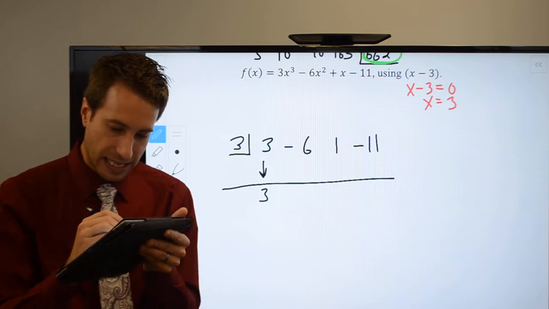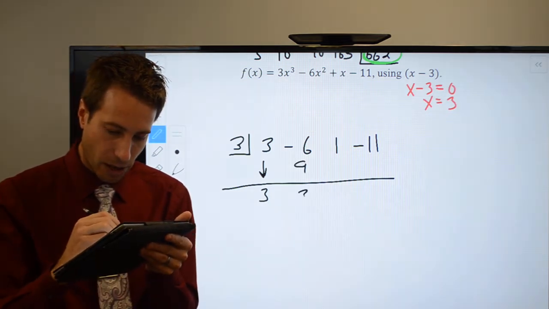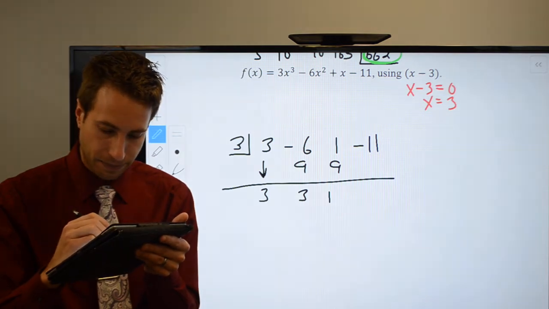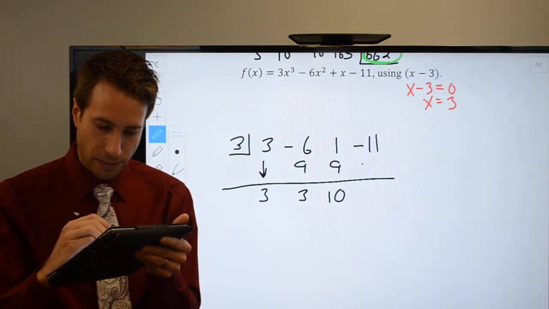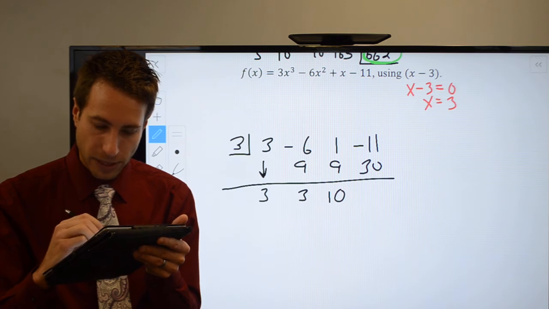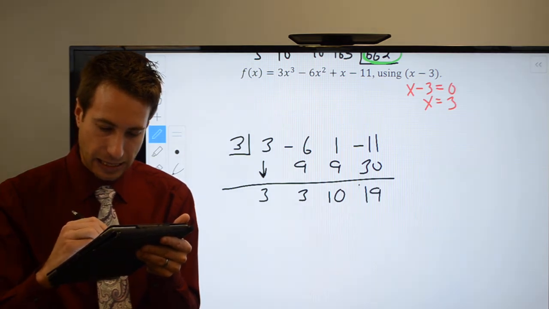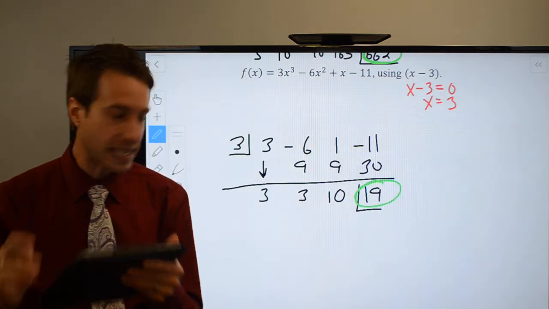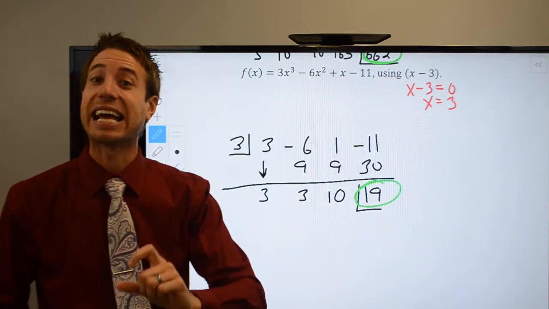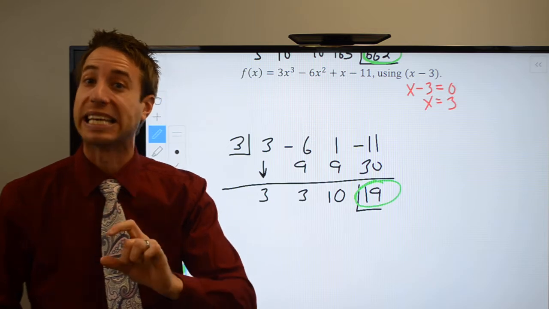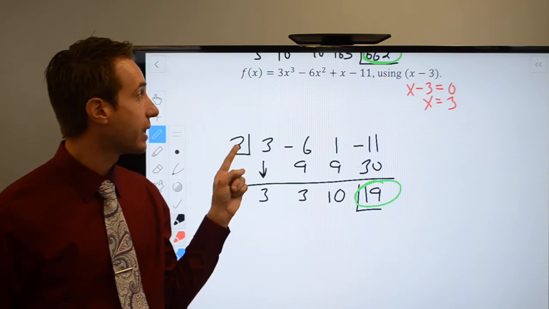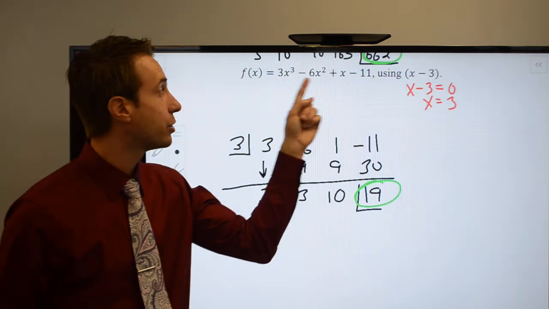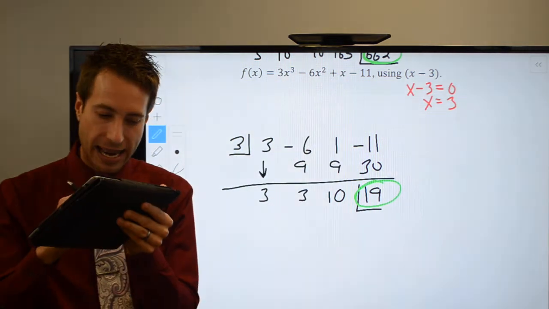3 times 3 is 9. That's going to leave me with a positive 3, which again times 3 is 9, which is going to be 10. Which times 3 is 30, which leaves me with 19. Now again, the remainder is the answer I'm looking for. 19 is the answer. It's the value I would get if I plugged the domain value of 3 into the polynomial everywhere I had an x.